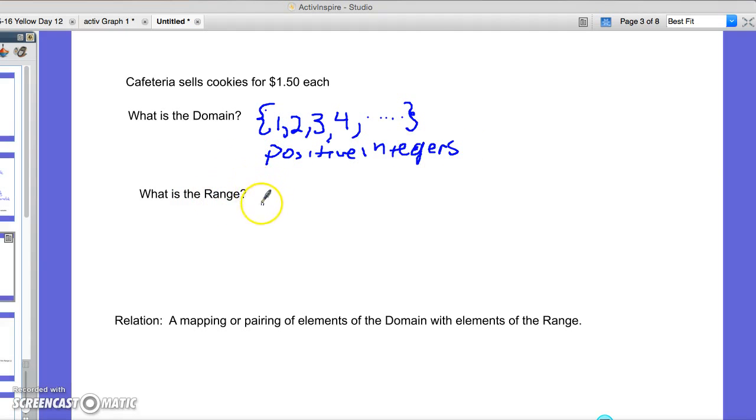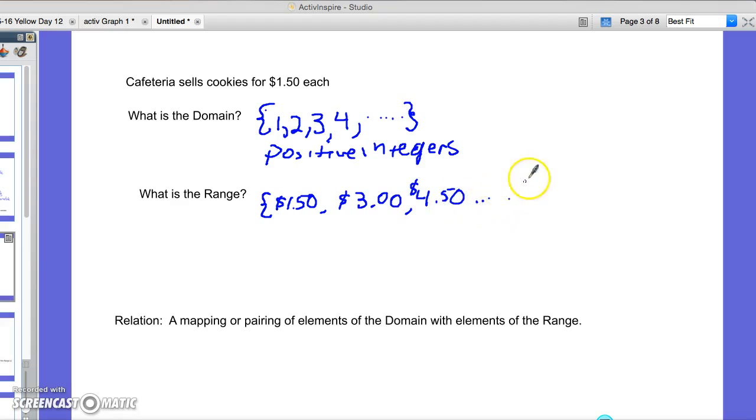What's the range? Well, if I buy 1 cookie, I would pay $1.50. If I buy 2 cookies, I'd pay $3. Sorry, for 3 I'd pay $4.50.